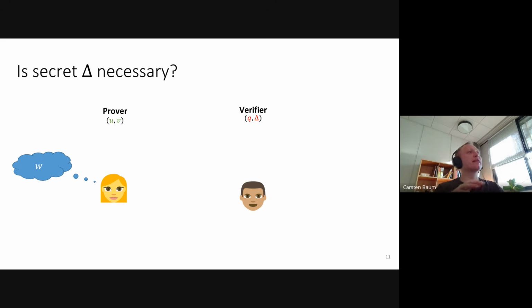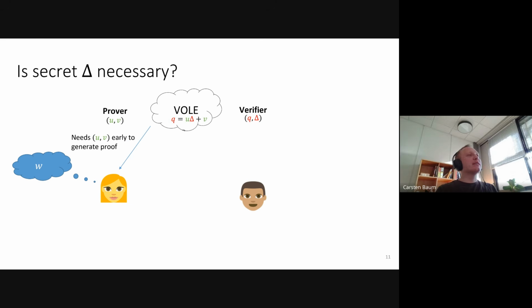Well, let's look at these VOLE-based proofs and how they are working. In the beginning, the prover gets her linear equations, and the verifier gets the evaluations. The prover also has her witness that she wants to prove something about.